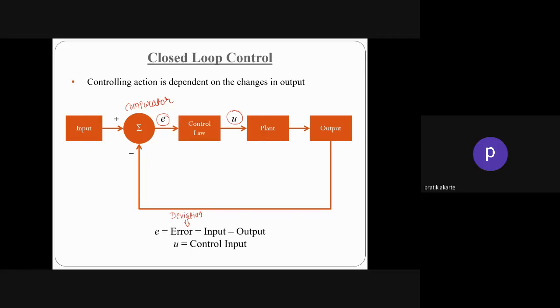Okay, so we can say that a system in which the control action is dependent on the output, or changes in output, is called a closed loop control system.